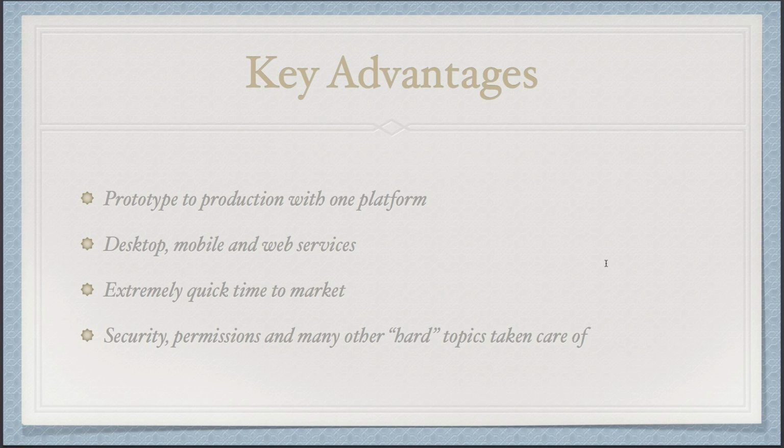You're able to deploy to desktop, mobile, and even to web services very easily from one technology stack. You can go to market extremely quickly, which is a great advantage, in particular if you're filling a niche market. And then security permissions and a lot of the other hard topics are taken care of. We've built security and permissions right into the data model, and it gives you a great security mechanism to keep your data safe.